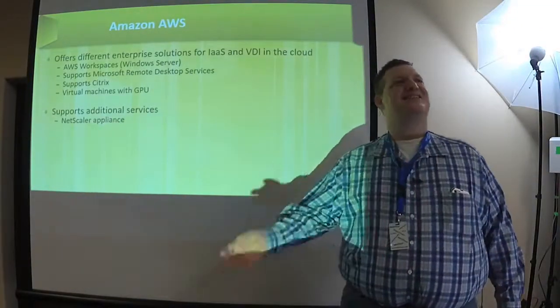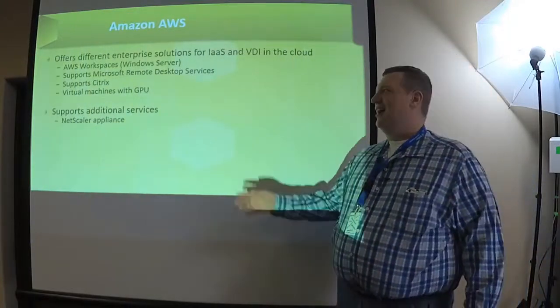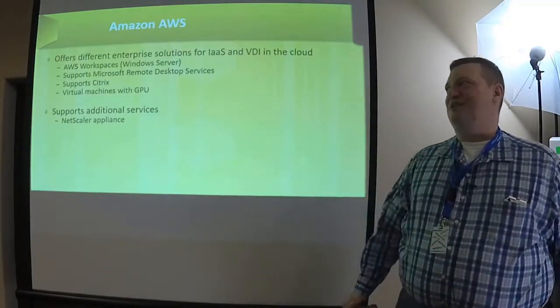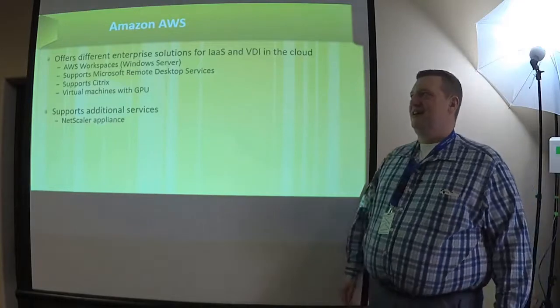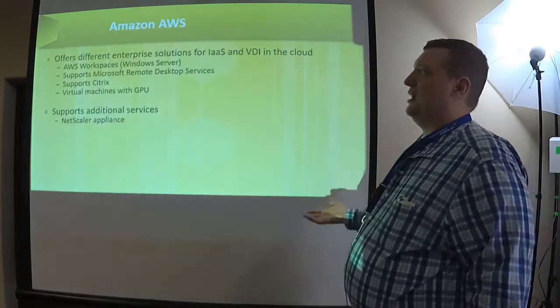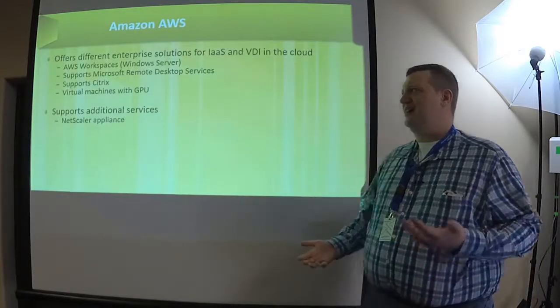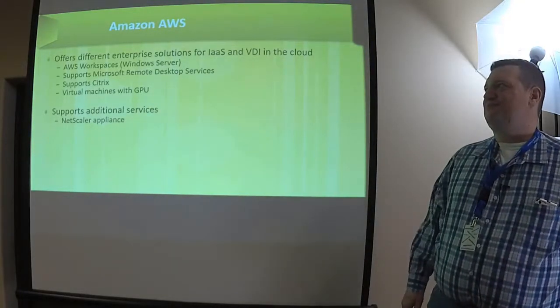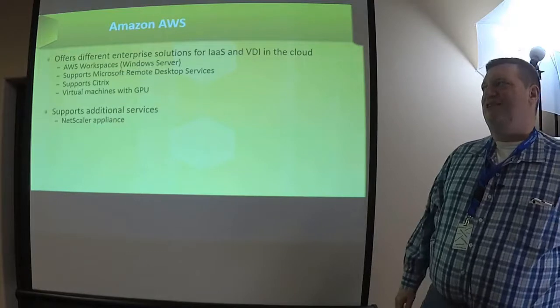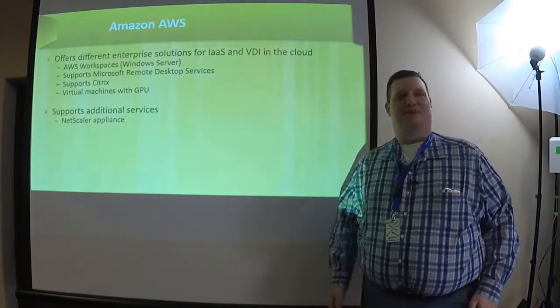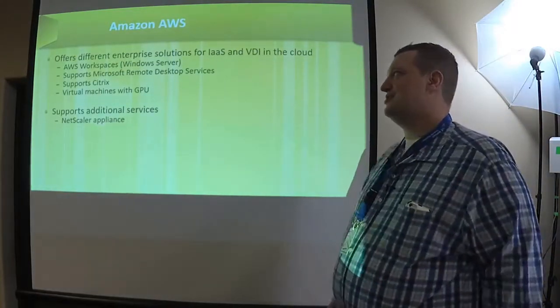So if you've ever had to deal with that licensing, this is how they get around it. And it works fine. It uses PC over IP connectivity. I don't know if it'd be considered an enterprise offering, but it's still something you could consider using.